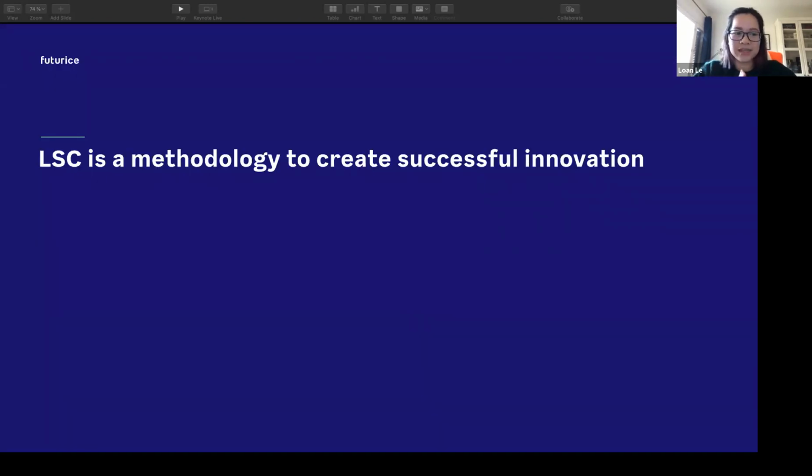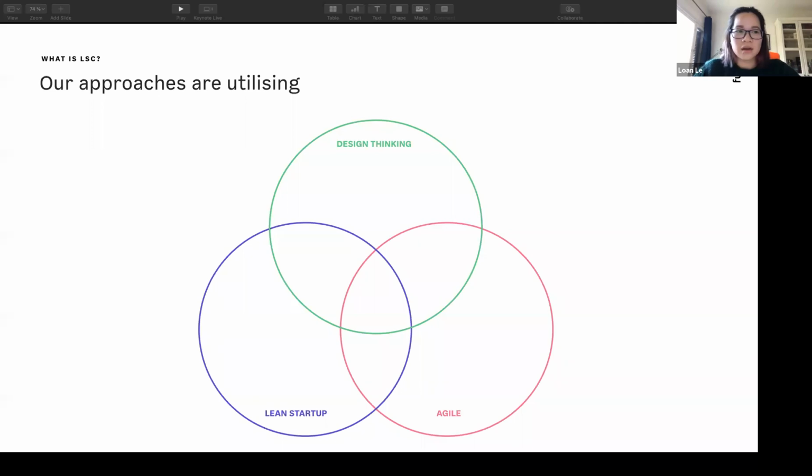First and foremost, lean service creation, often called LSC, is a methodology that supports the innovation process around complex problems. It is inspired by the principles behind three things: lean startup, design thinking, and agile.